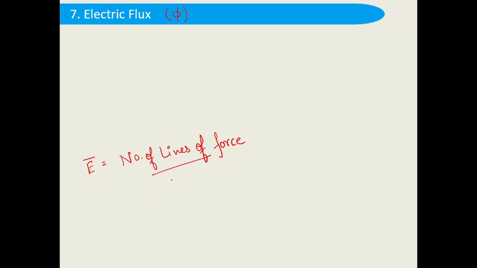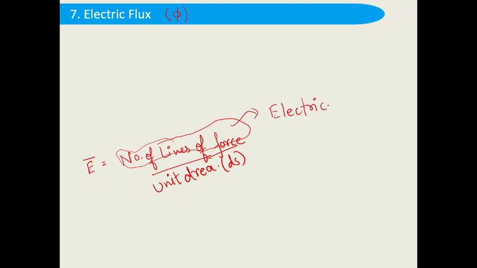Suppose this area is ds. This number of lines of forces is called electric flux. Number of lines of forces are nothing but electric flux.